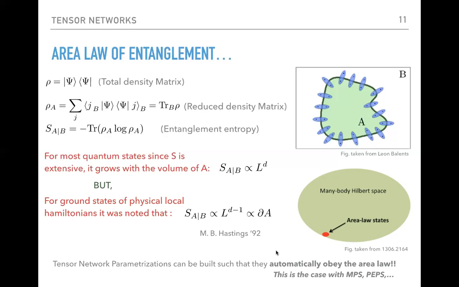And this is what makes tensor networks so powerful: they already target this corner in the full Hilbert space. And the rest of the Hilbert space is mainly very hard to access.